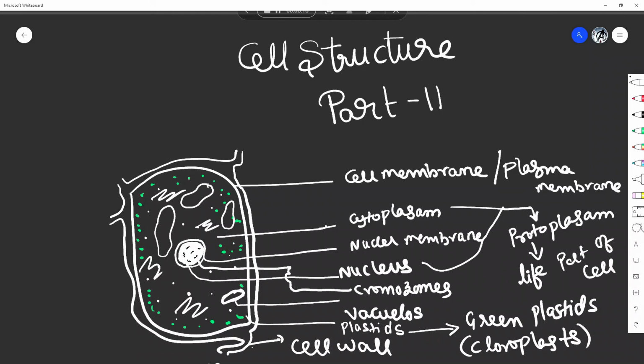Life of an organism is present in this protoplasm only. Why? Because the nucleus has chromosomes and the cytoplasm has various components that help the organism to perform various functions like digestion, walking, running, everything. So where is the life of the cell? Life of the cell is present in one single term called protoplasm, which is cytoplasm plus nucleus.